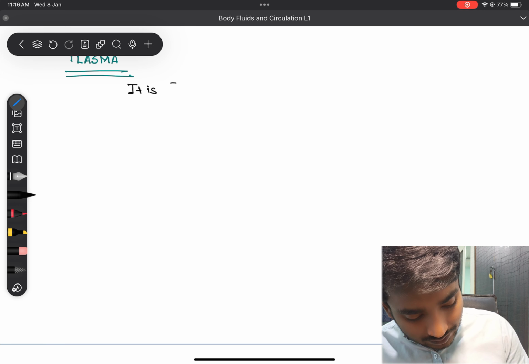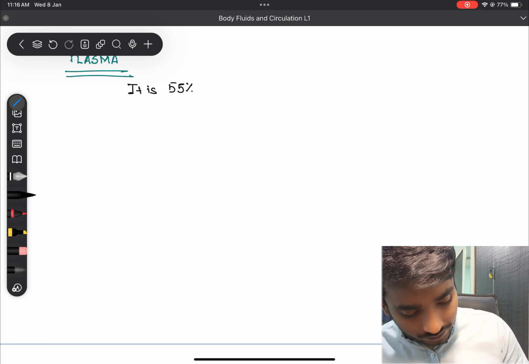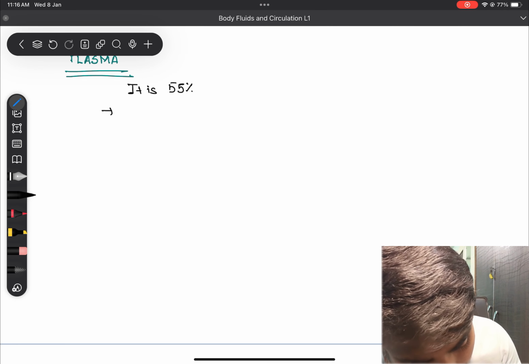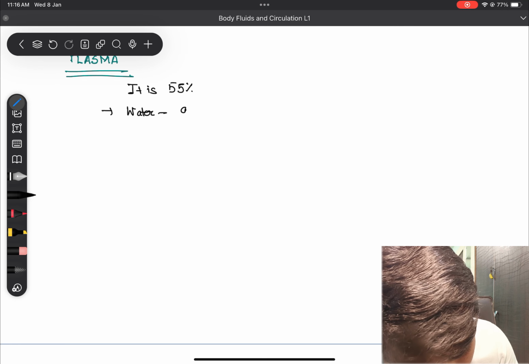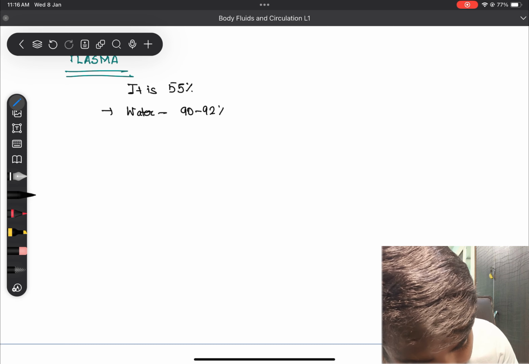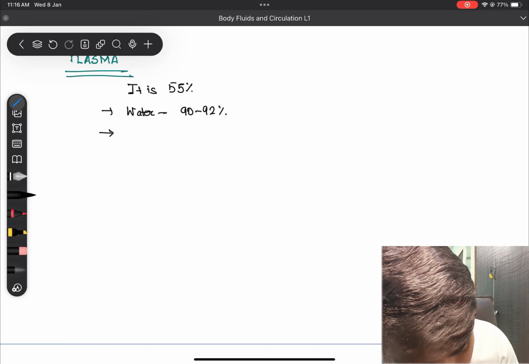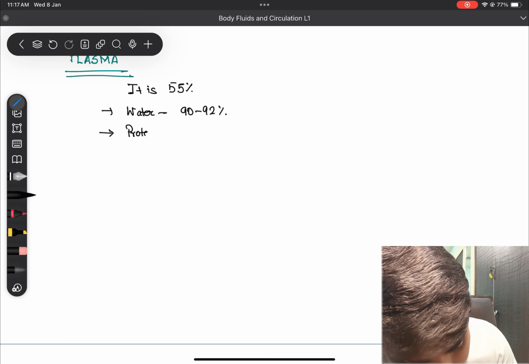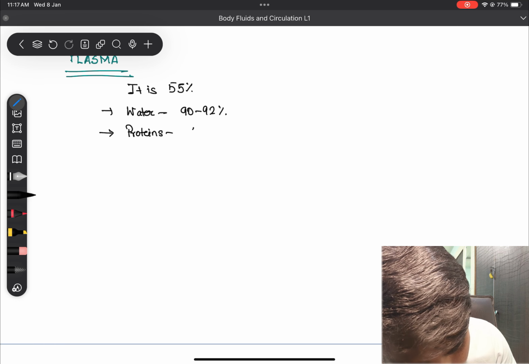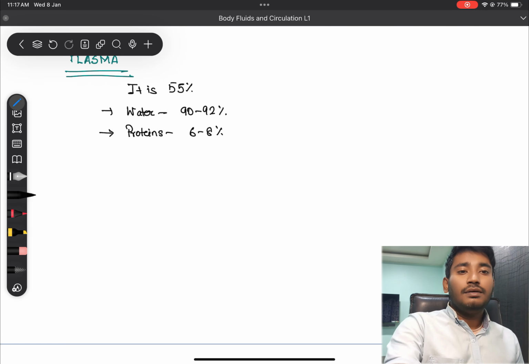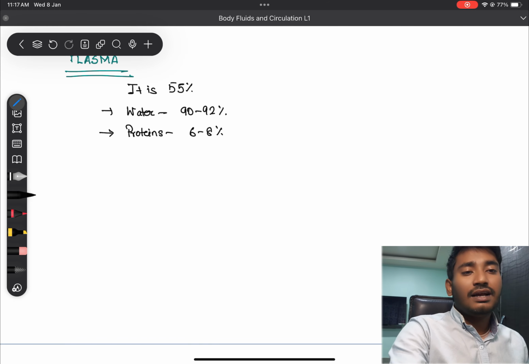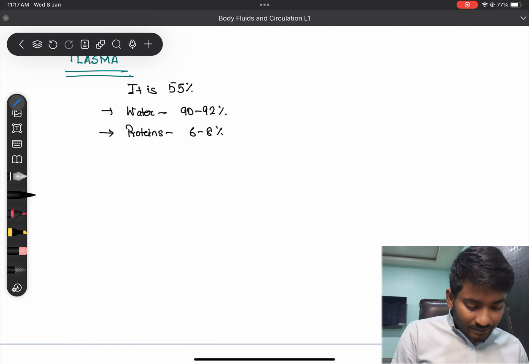It is 55%. What does it contain? Water 90 to 92% and proteins 6 to 8%.